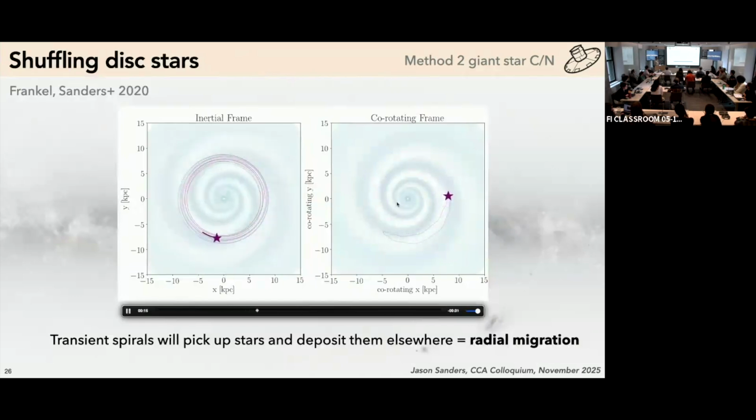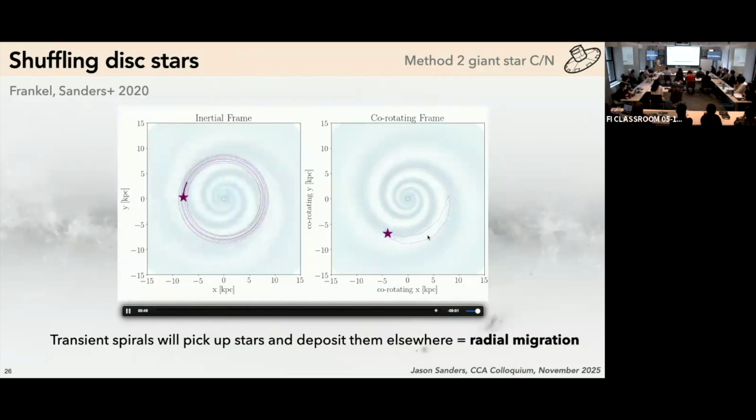And on the right-hand side, it's in the co-rotating frame of that spiral pattern. And you can see in the co-rotating frame that the star moves between two radii. So even though it starts on an initial circular orbit in the unperturbed potential, when the spiral potential is added, it begins looping around. These are sometimes called horseshoe orbits.